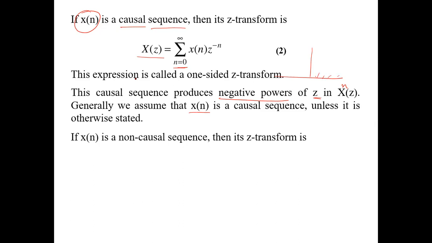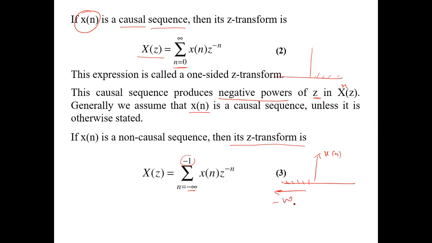Similarly, if x[n] is a non-causal or anti-causal sequence, the z-transform of such a sequence will be given by equation number 3. Here X(z) is equal to the summation where the limits extend from minus infinity to minus one. So all the samples are available for negative n, where n is negative.